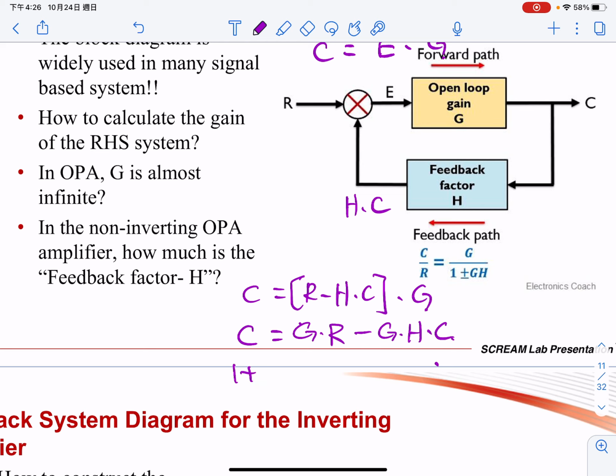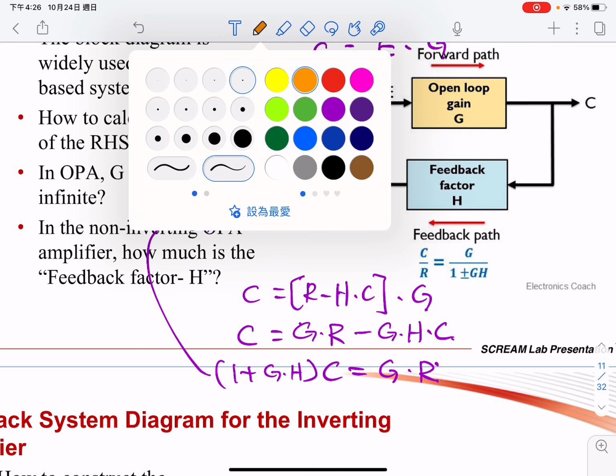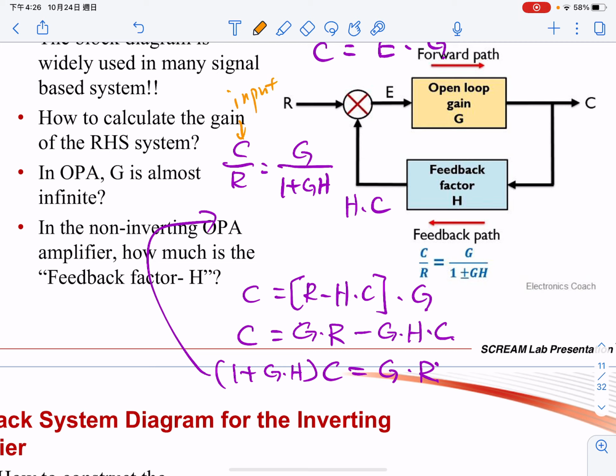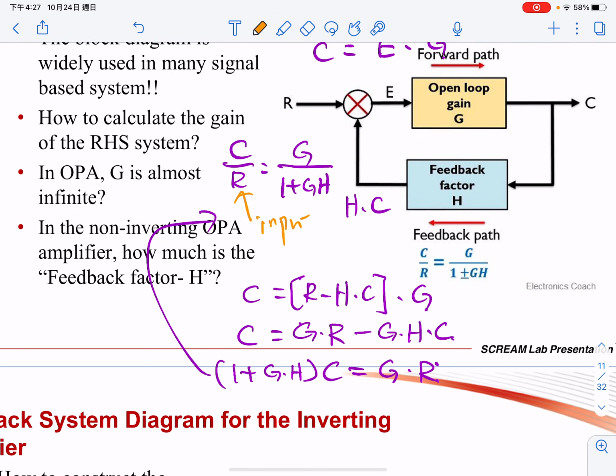So 1 plus G multiplied by H multiplied by the C will be equal to G multiplied by the R. Okay, so finally we have C over R will be equal to G over 1 plus GH. So R is the input. C is the output.